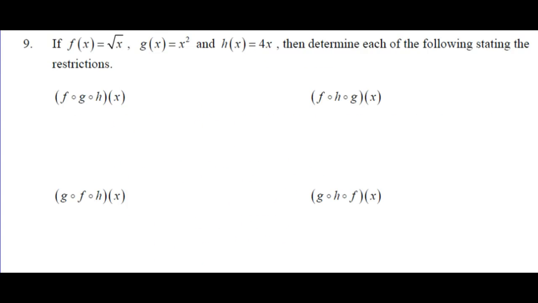Number 9. If f of, it's fun because now there's 3 functions. And the first thing we're going to learn tomorrow is the fundamental counting principle, which is how many ways can you put 3 functions together? So here's the question. How many choices? There's 3 functions, f, g, and h, right?